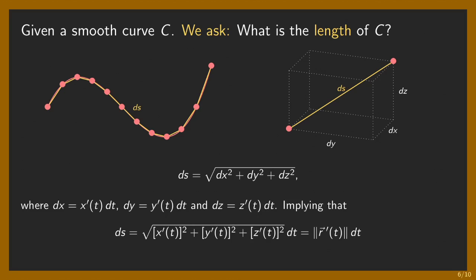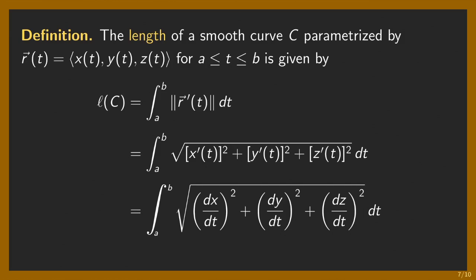Now in calculus, when we want to sum up all of the little pieces, because that's what we want, we use an integral. Therefore, we have the following formula. The length of a smooth curve C, parametrized by r of t, is equal to the integral of the norm, or the magnitude, of r prime of t dt.